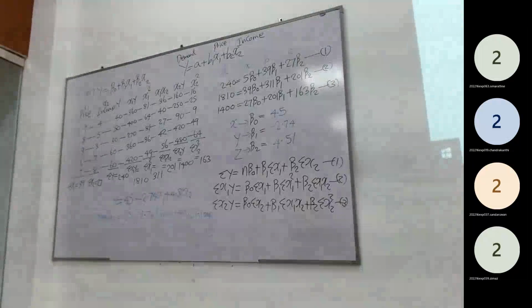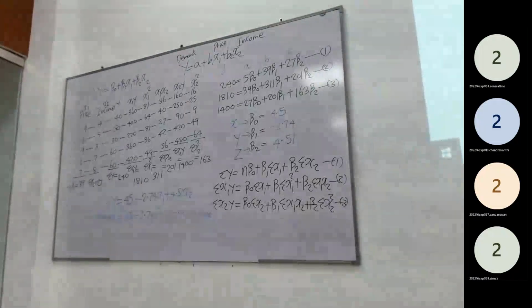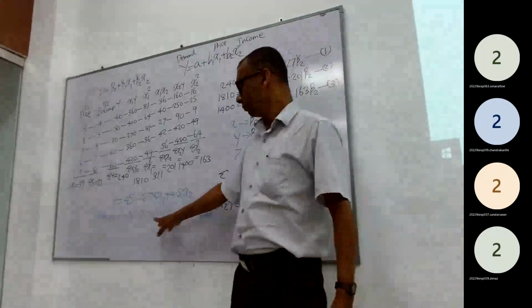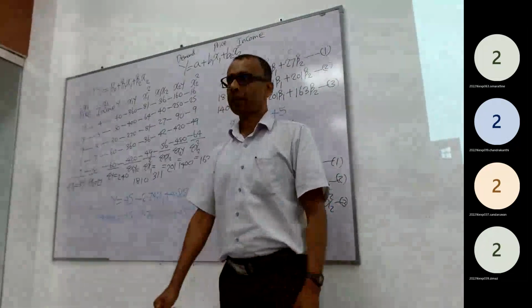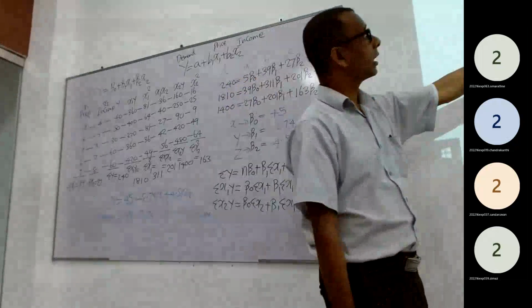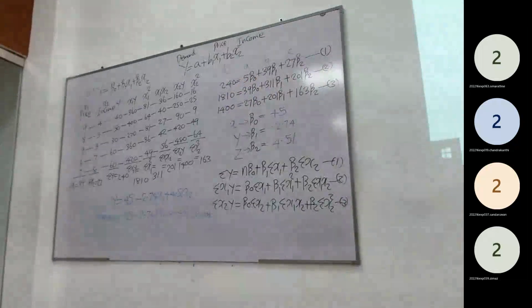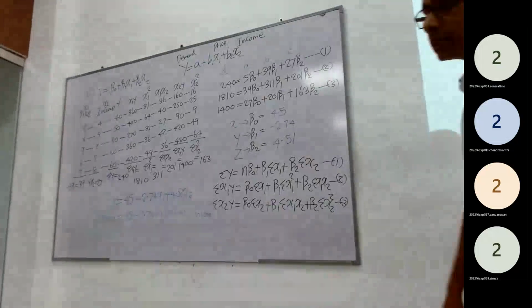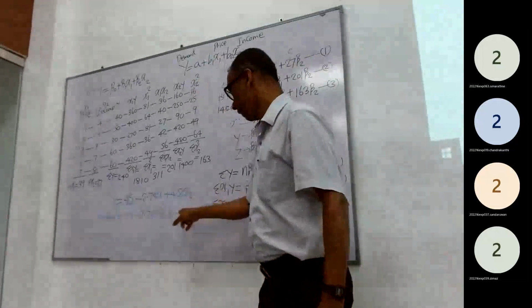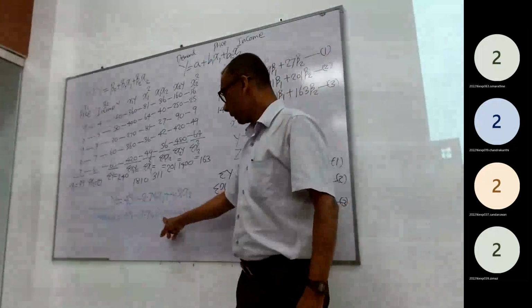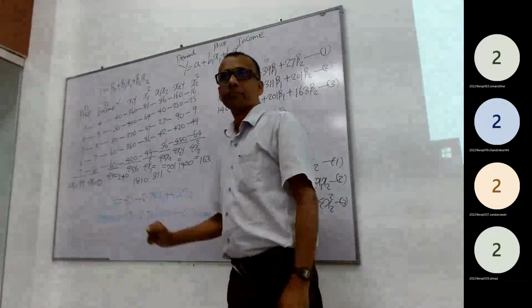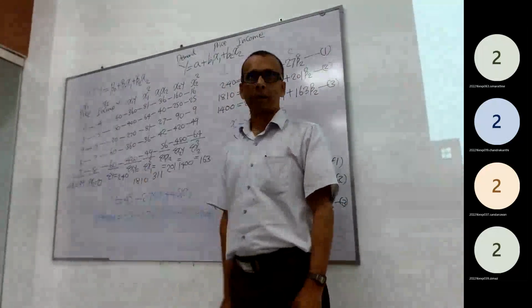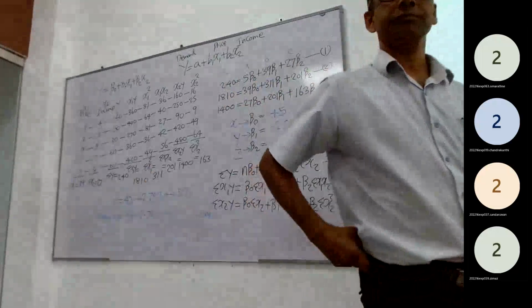When you interpret, you can say that when price is 0 and income is 0, demand will be 45. That is a constant term. But the important part is these two beta values. Price has a negative effect on demand: high price, less demand; less price, high demand. This agrees with demand theory.